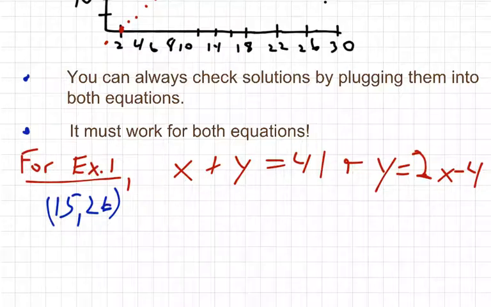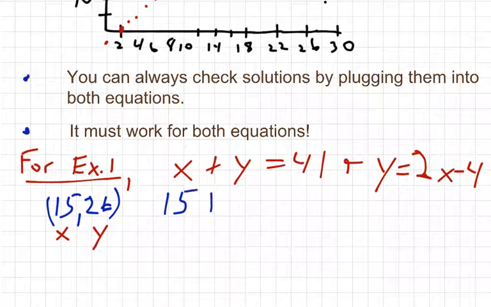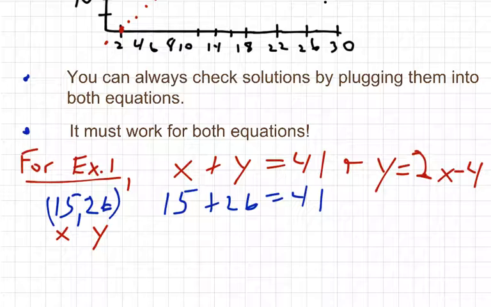Well, 15, 26 represents our ordered pair, so the x is our 15, the 26 is our y. So essentially all we need to do here is plug in both of those numbers, so x is 15 plus y, which is 26, and that should give us 41.